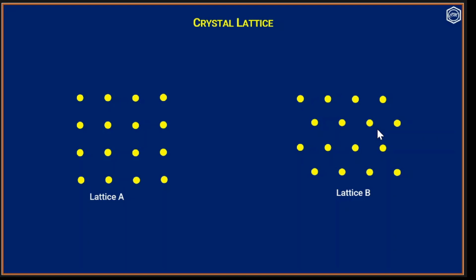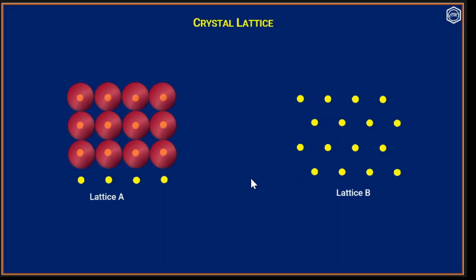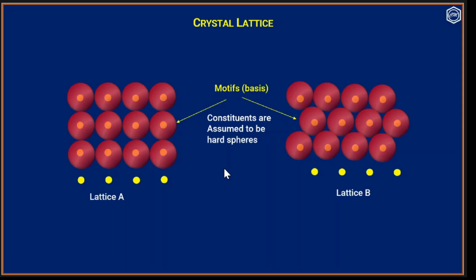We can now construct a layer of such crystals by placing constituents at the lattice points. We imagine the constituents to be hard spheres, and they are called motifs or bases for the construction. So these are the motifs, and these motifs are assumed to be hard spheres.